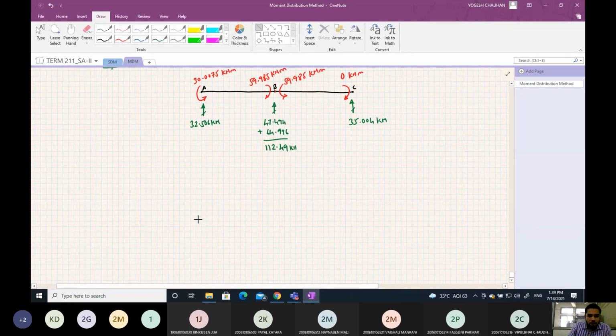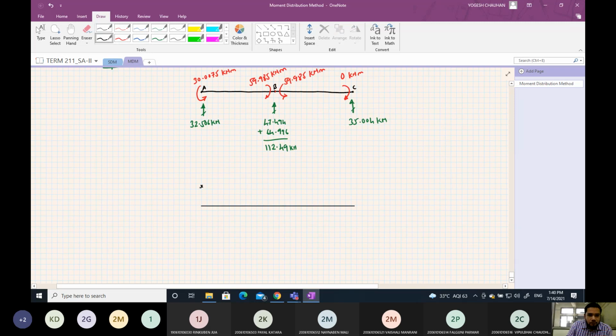So let us first draw the bending moment diagram. This arrow is pointing upward at point A, so we follow this point.